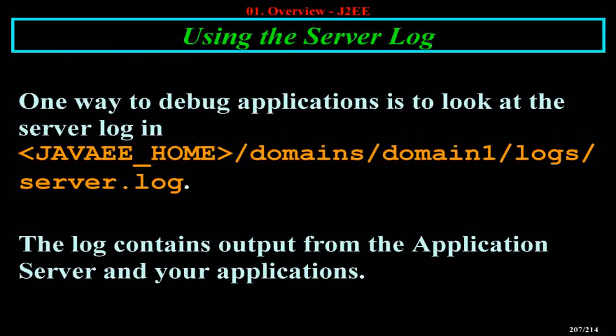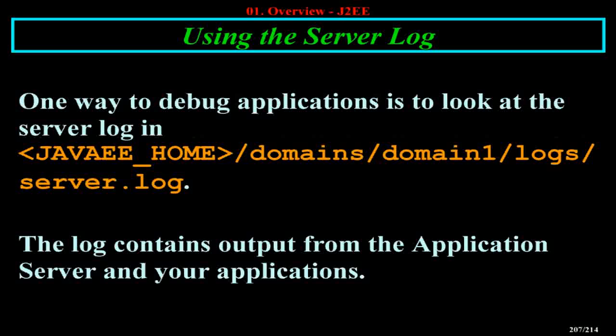Using the server log. One way to debug applications is to look at the server log in JAVA_HOME/domains/domain1/logs/server.log. The log contains output from the application server and your applications.